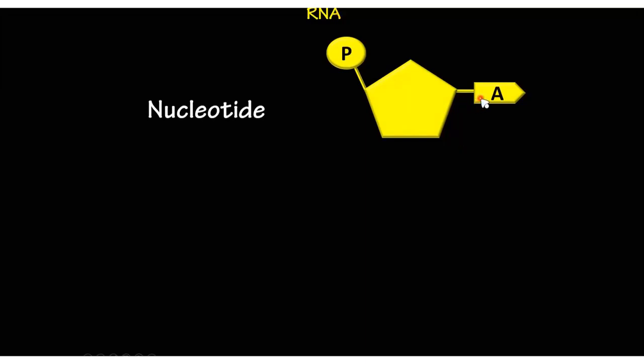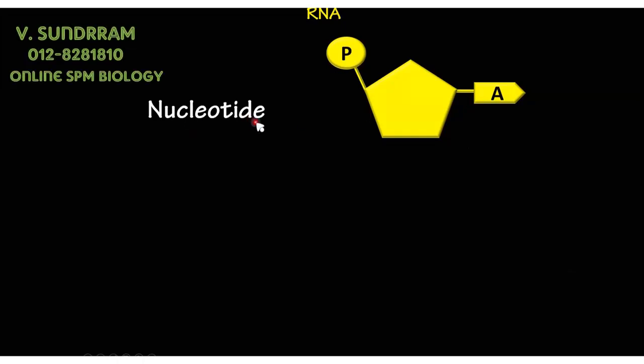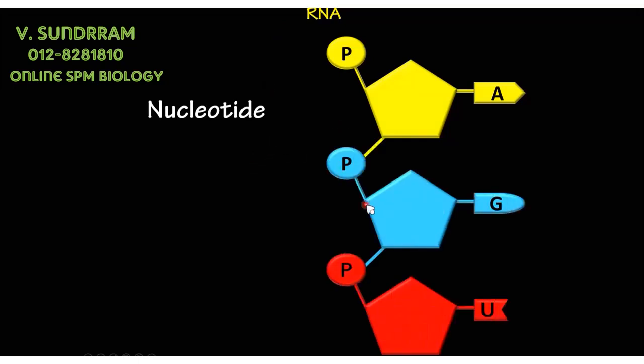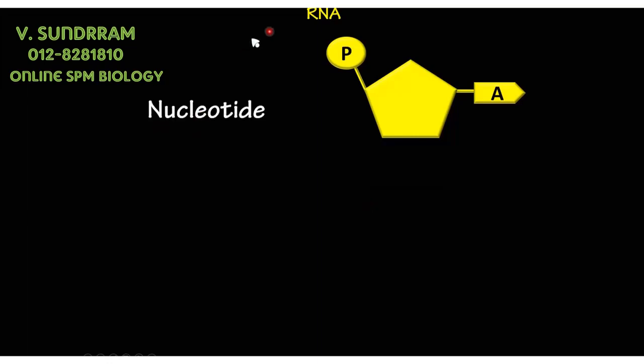Because nucleotide is to make nucleic acid, if I want to make a RNA, I need a ribonucleotide. Nucleotide is for nucleic acid. We are making RNA, we need ribonucleotide. So this is one ribonucleotide.